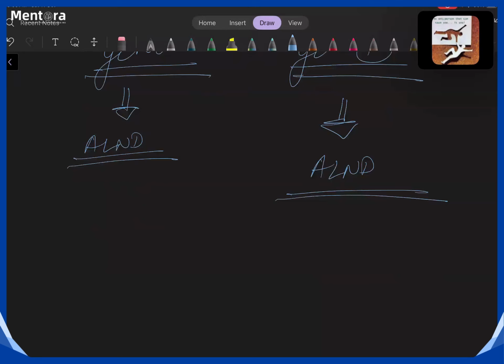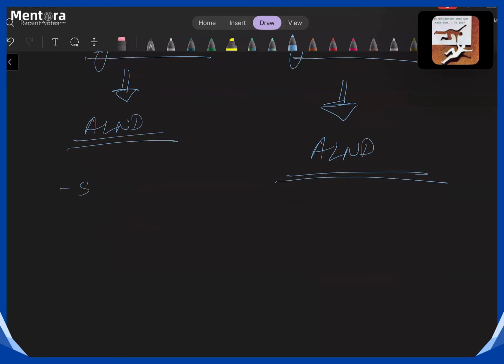But there is emerging evidence to go for SLNB and targeted axillary dissection as well. SLNB is sentinel lymph node biopsy, and TAD is targeted axillary dissection, where we are going to remove the sentinel lymph nodes along with the targeted axillary lymph nodes.